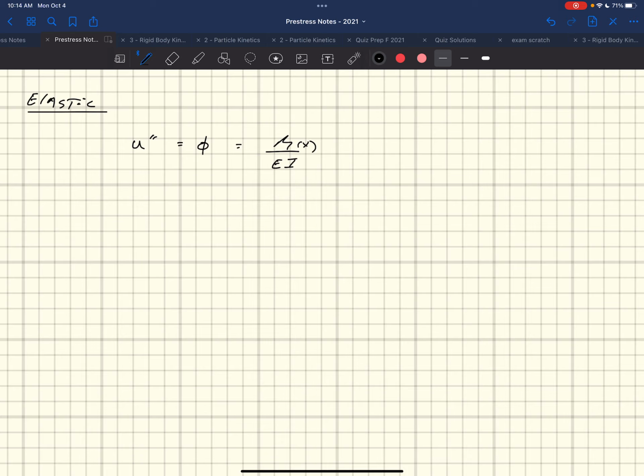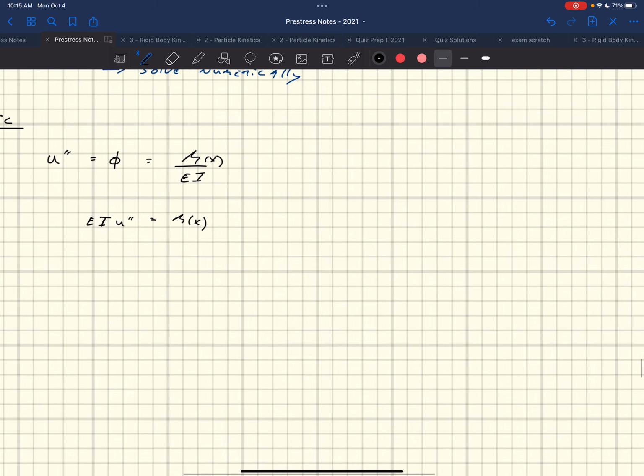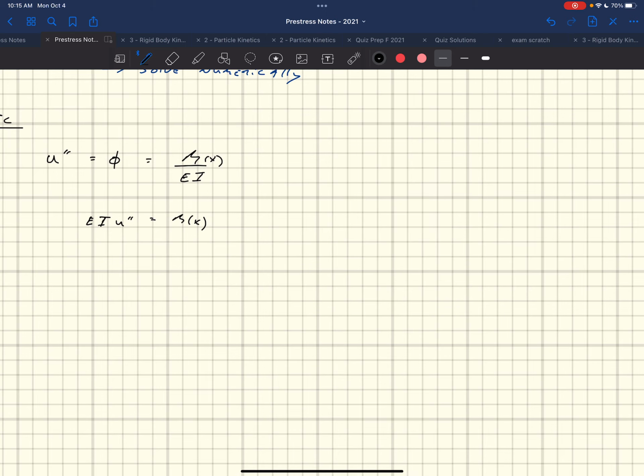Okay, and so you can write this a little bit differently. You say EI u prime prime is equal to M as a function of x. And this leads into something that you've seen before. And then we'll also add in, if you take the derivative of the moment, dM/dx is equal to V of x. And this comes from equilibrium.